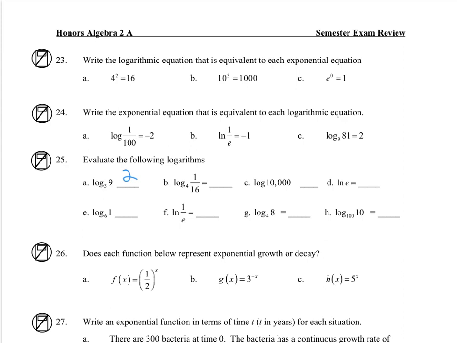And then lastly for H, 100 to what power is 10? The square root of 100 is 10, so that is 1/2. You could also make the bases the same. Set your exponents equal, 2w equals 1, and you'll get 1/2.